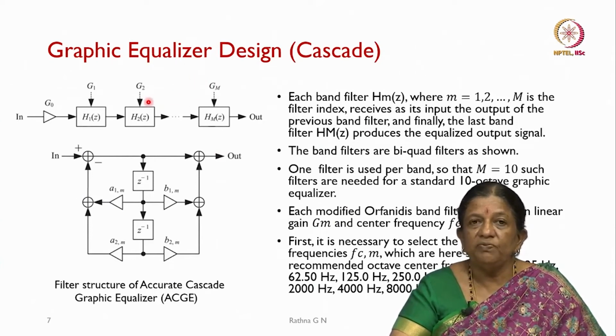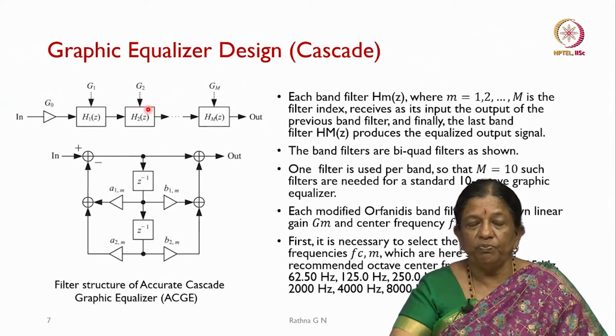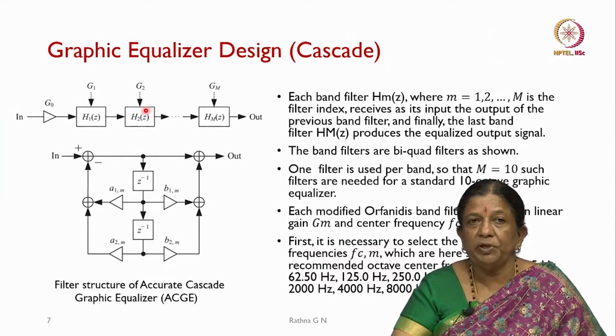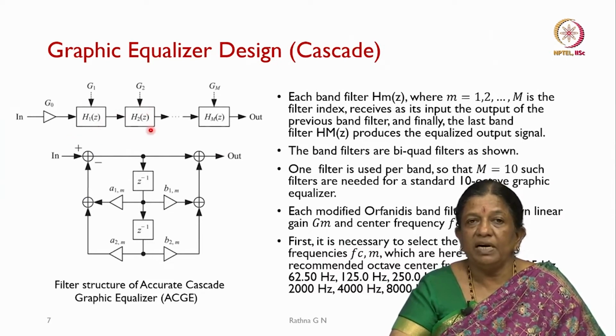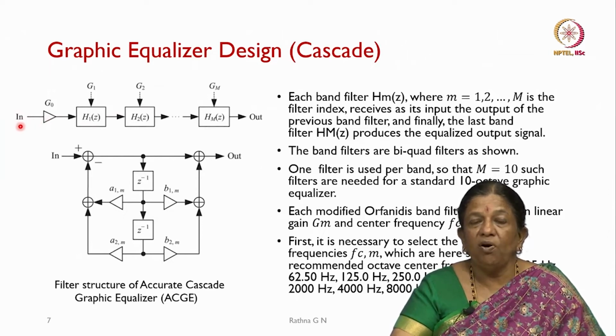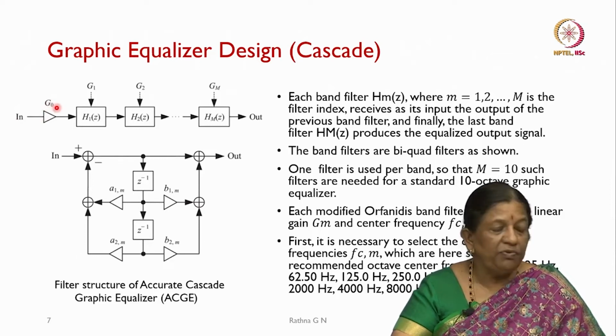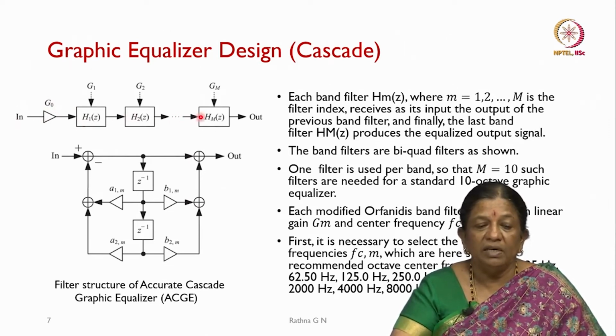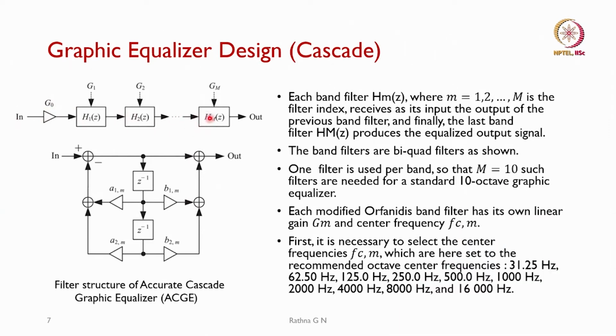In this case, first we will consider the cascade part of it. If you want, you can go to the theory and see how the design is going to be done. In this case, this is the input audio, and this is the overall G0 gain for the audio that we can give. For each band, here it is 3 band or M bands that you are going to decide.